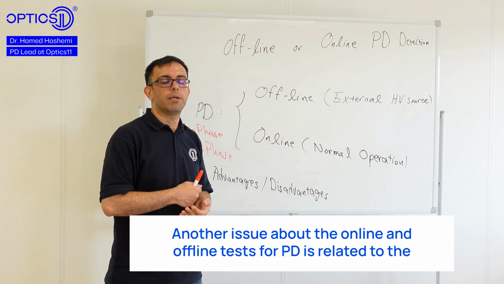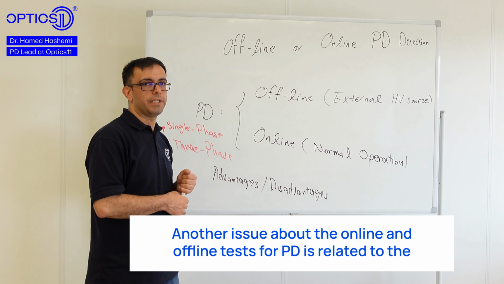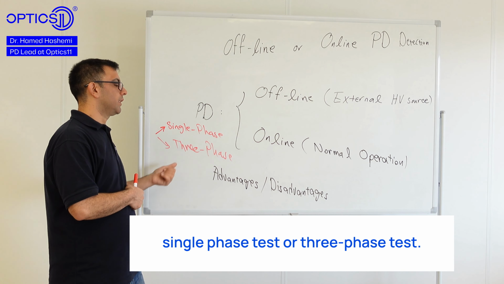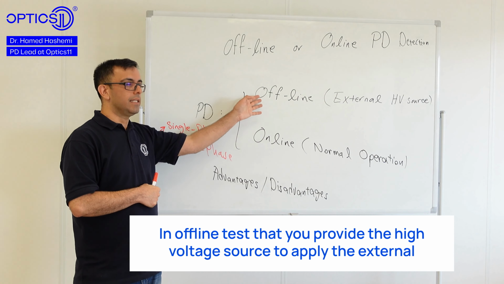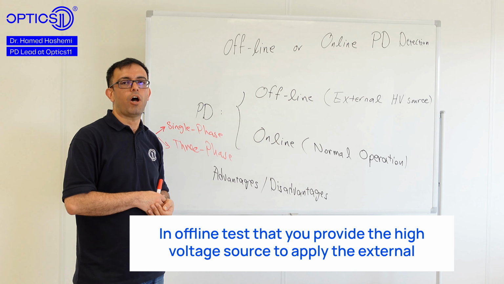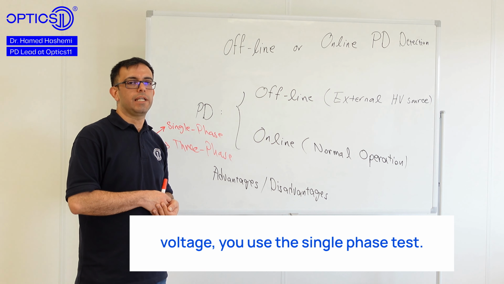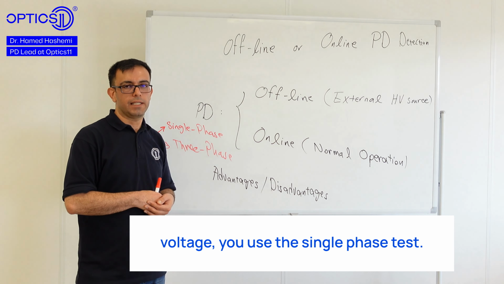Another issue about the online and offline test for PD is related to the single-phase test or three-phase test. In the offline test, where you provide the high voltage source to apply the external voltage, you use the single-phase test.